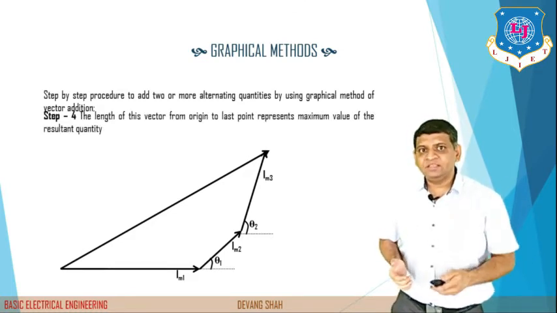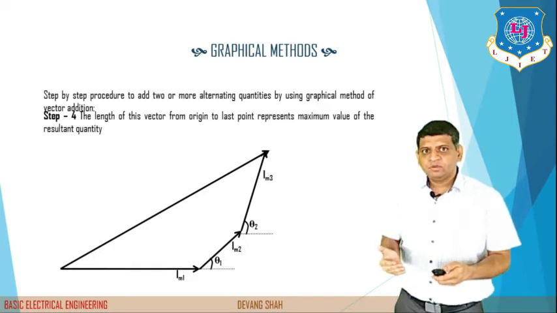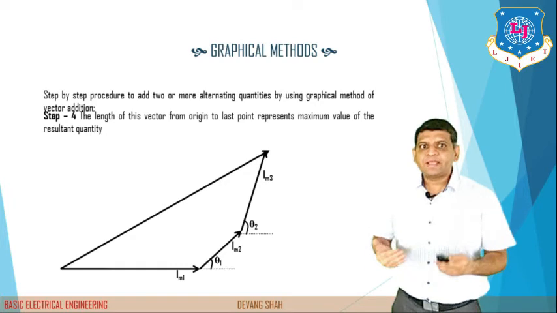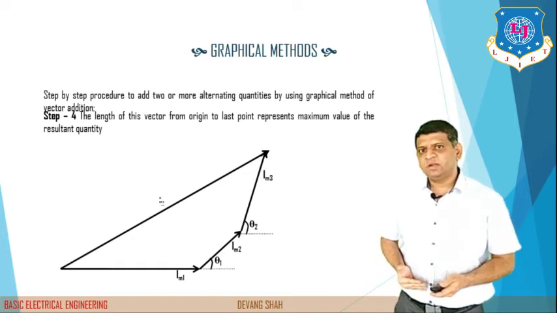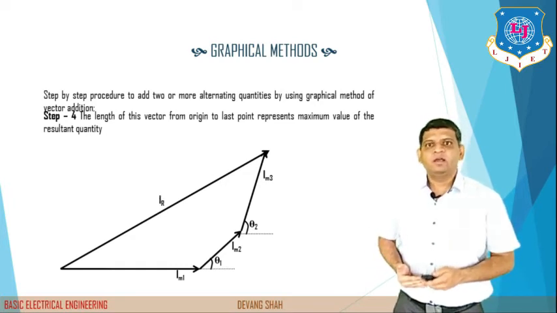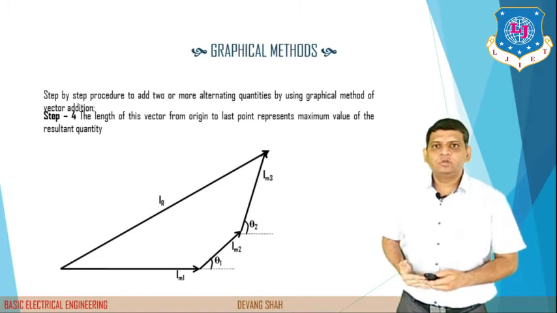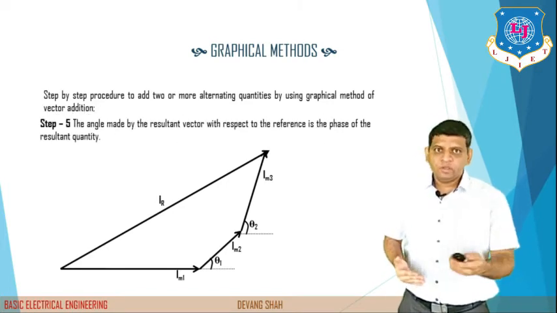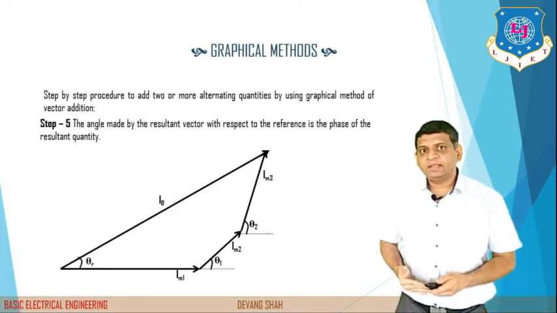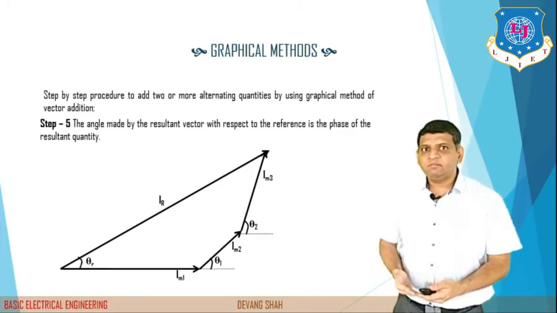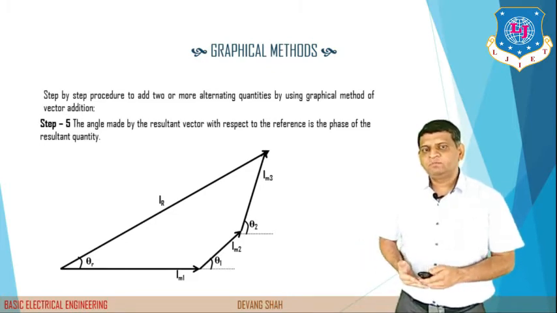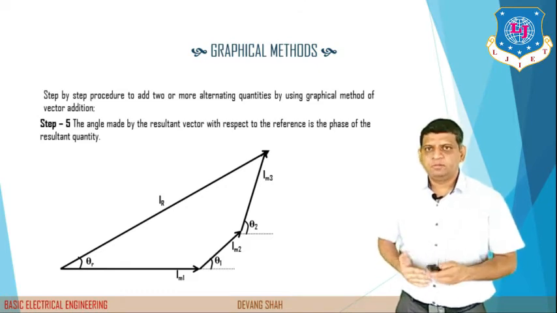The length of this vector from the origin to the last point represents the maximum value of this resultant quantity, and that is called my IR, the resultant magnitude of the current, with the angle theta. The angle theta is the angle made by the resultant vector with respect to the reference, which is the phase of the resultant quantity. This method we define as the graphical method, right?